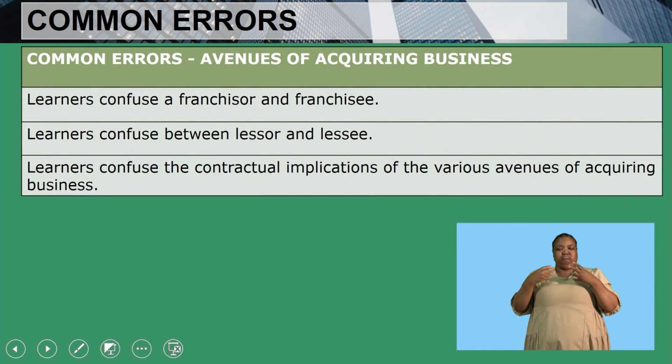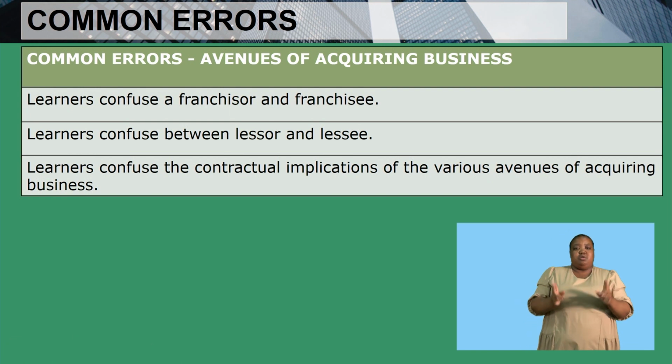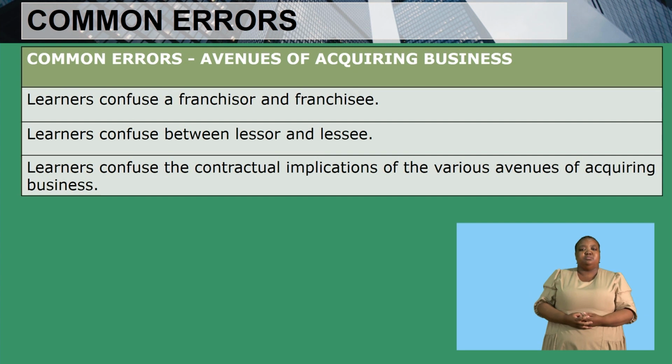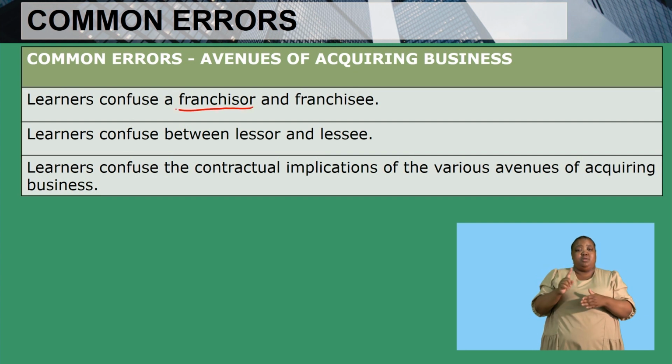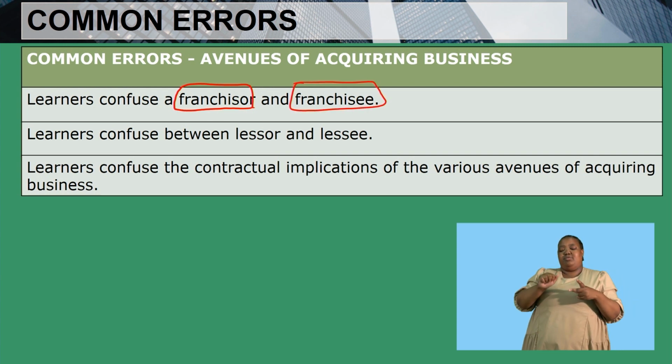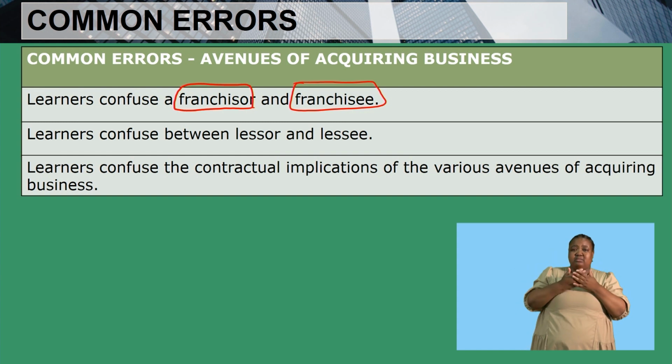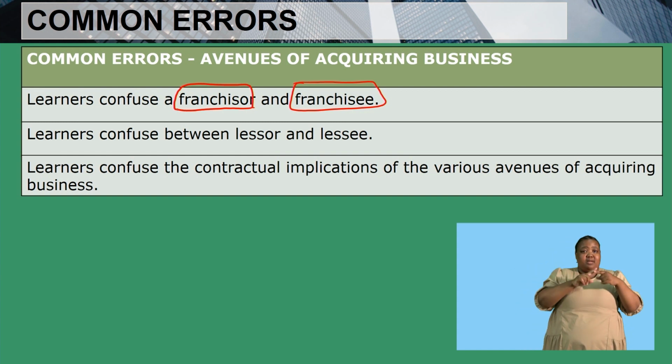Now let's take a look at the common errors that you are bound to make in this chapter. It is very common that you can confuse the word franchiser with the word franchisee. To give you a tip, you must remember that the franchisor is the original owner of that franchise.